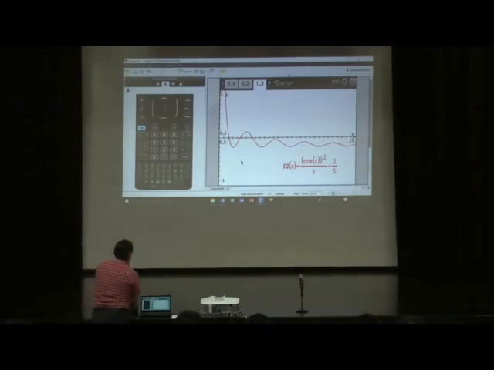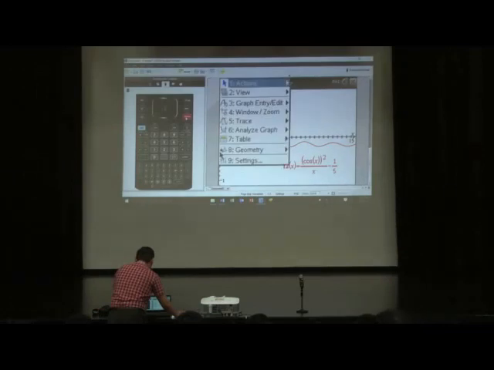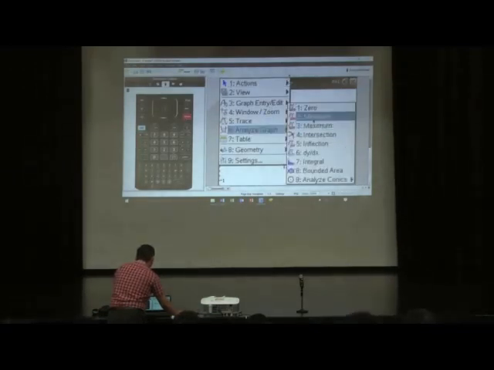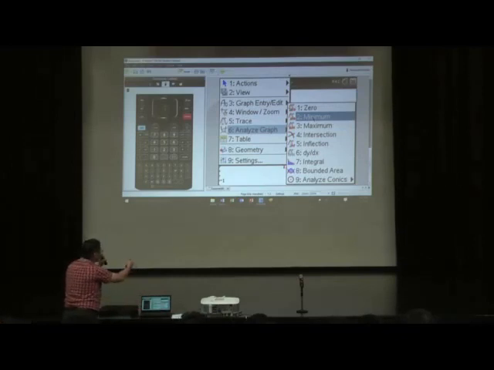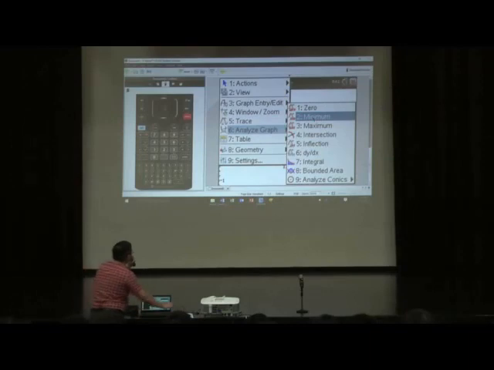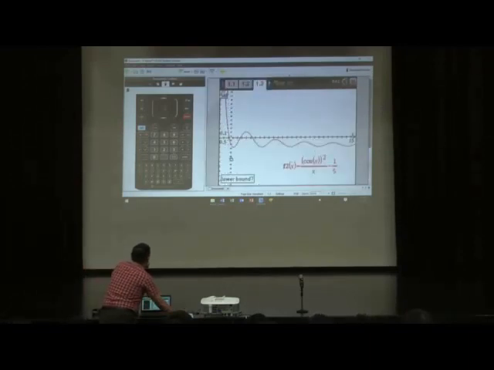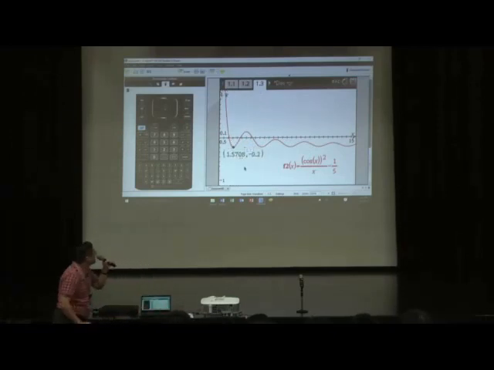If you want to find the coordinates here, you can always go to menu, analyze graph, and go to this minimum, which refers to relative minimum. Calculate the relative minimum, then you'll get this point. So you can conclude that x equals 1.571 corresponds to an inflection point of the function f.